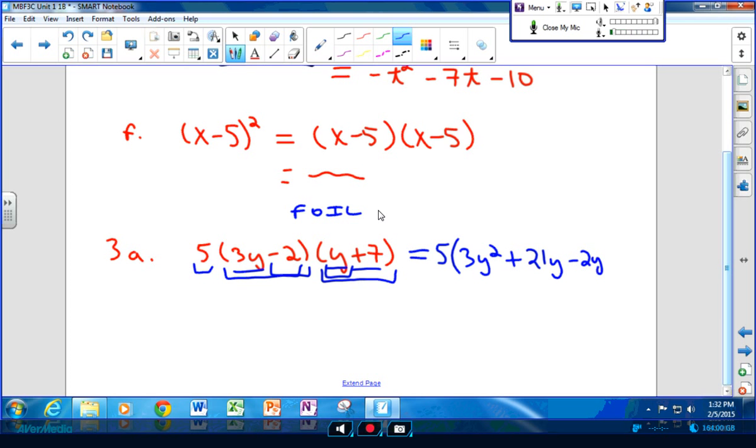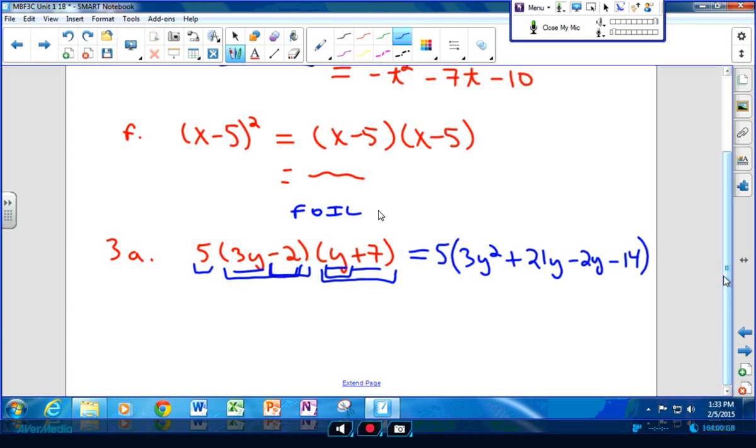And then last I have negative 2 times positive 7, which is negative 14. And everything was in brackets. So now what I'm looking at for an answer, for those of you that aren't following along on the SMART Board, is I got 5 times and then some stuff in brackets.